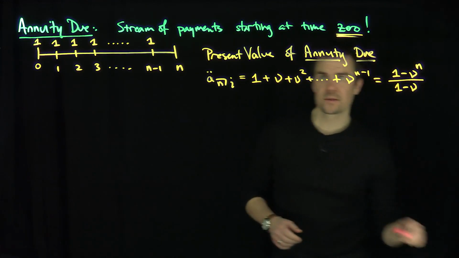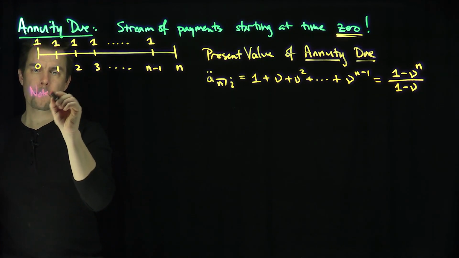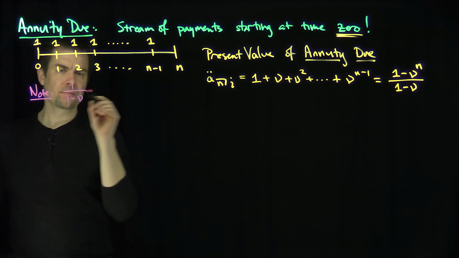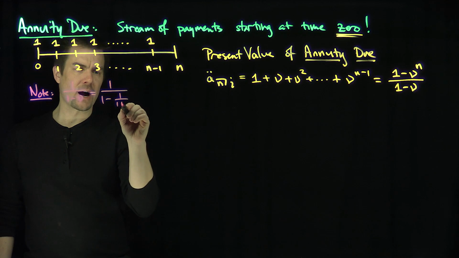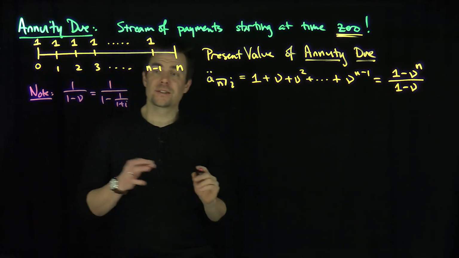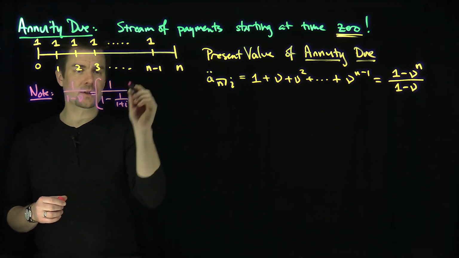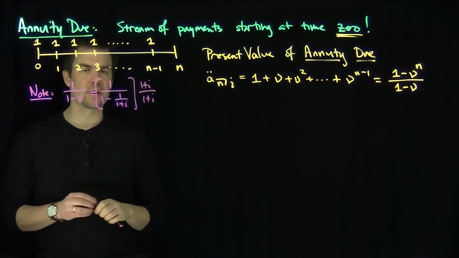So let's simplify this. So note that 1 over 1 minus nu is the same as 1 over 1 minus 1 over 1 plus i. That's exactly what nu is, it's 1 over 1 plus i. That's the discount factor. I'm going to hit this expression with a 1 plus i in the numerator and a 1 plus i in the denominator.